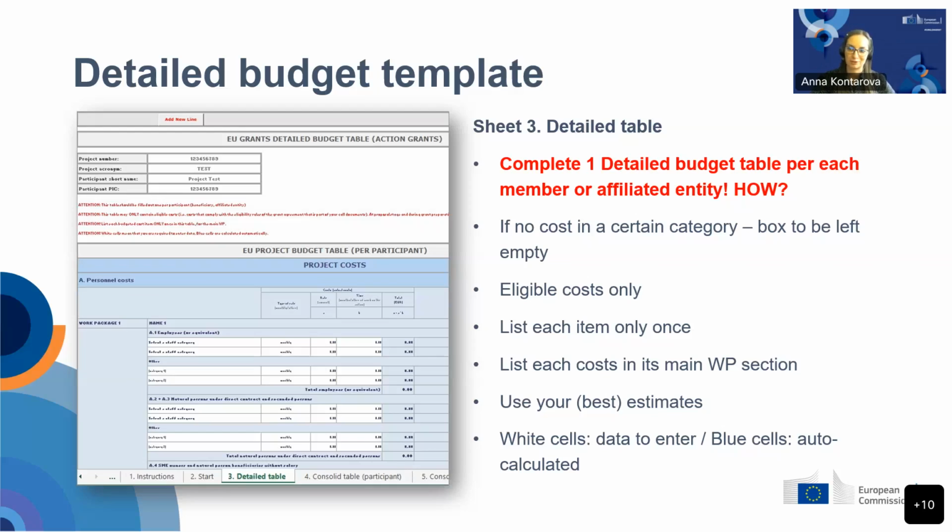Therefore, it's important to fill in sheet 2, so the structure is correct. The number of work packages will be the same in all the budget categories, and in case there are no costs in some of the work packages, you will leave it empty.